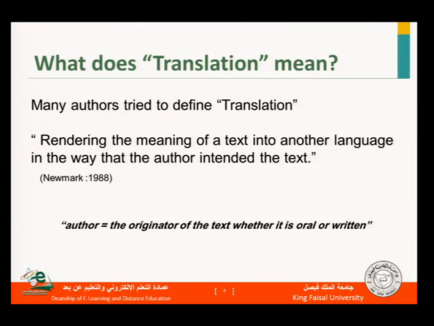ممكن يجيك في الاختبار like this. أقول لك مثلا rendering the meaning of a text into another language in the way that the author intended the text to. Okay, it is the definition of... هذا تعريف مين؟ أقول لك نيومارك، أقول لك جيرمي ماندي، أقول لك okay, it is Newmark. Or maybe, for example, rendering the فراغ of a text into another language in the way that the author intended the text.